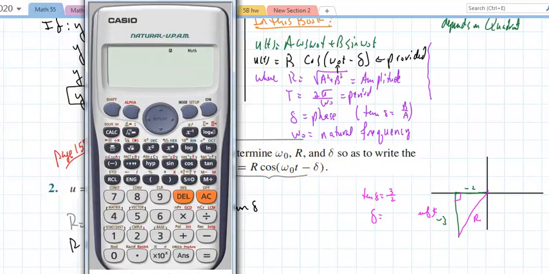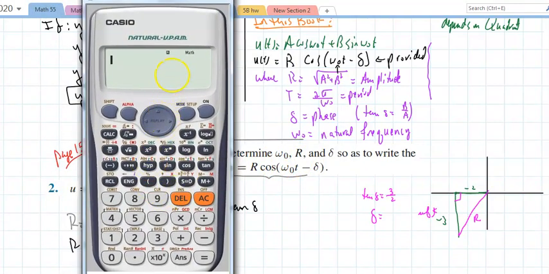Right, we have this magic tool now. I am in radians, very good. If I take the inverse tangent of 3/2, I'll get 0.9828.